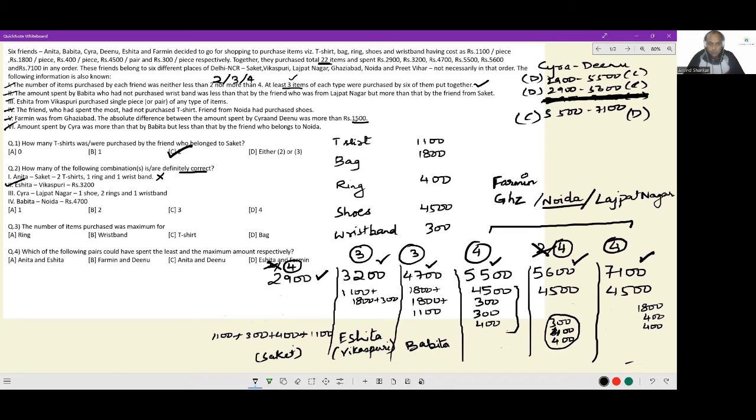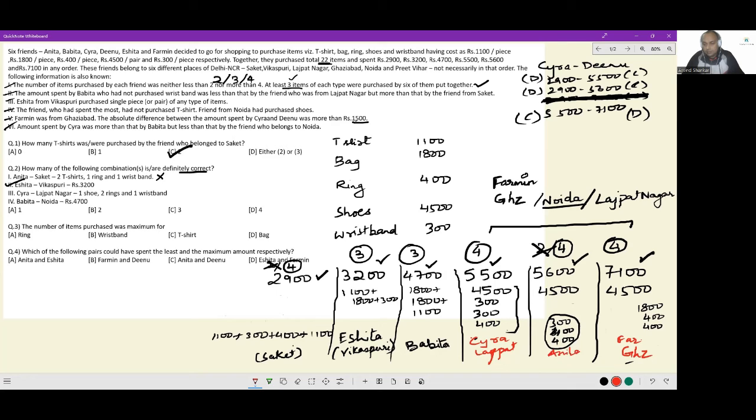One shoe, two rings, and one wristband. No. I can do it here. Ring is 300. Okay. So can I have, just listing out, Saira Lajpat Nagar here. Then Farmin Ghaziabad here.